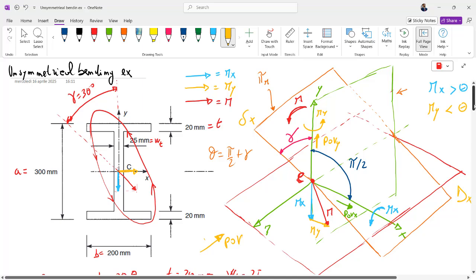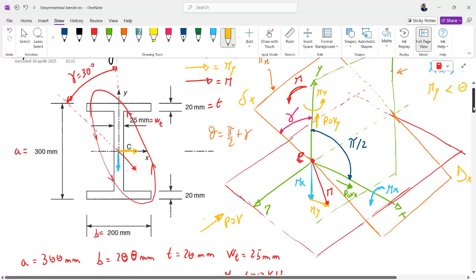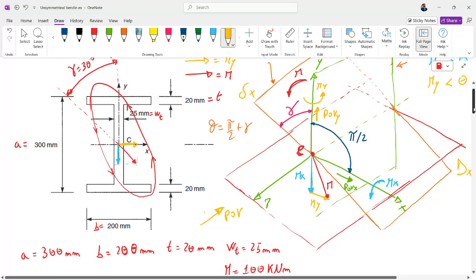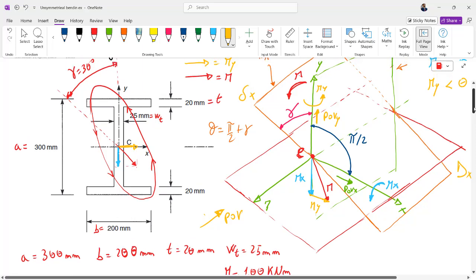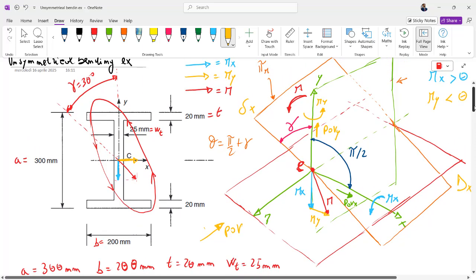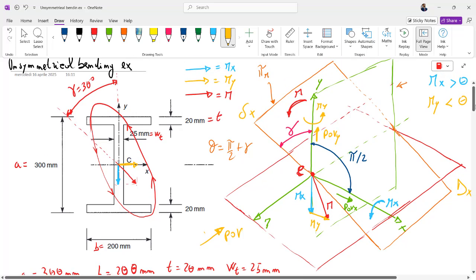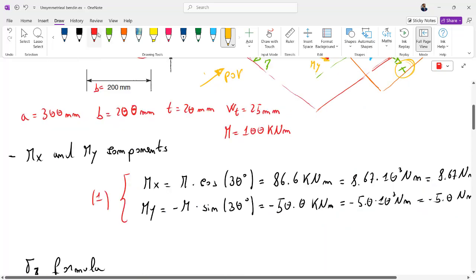So now we have understood that the plane where this moment is applied has an inclination of about 13 degrees, but with respect to this axis it has an inclination of theta, that is pi over 2 plus gamma, so 120 degrees. So this is all the geometrical data.